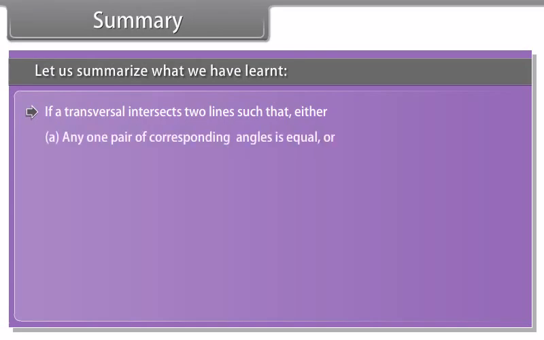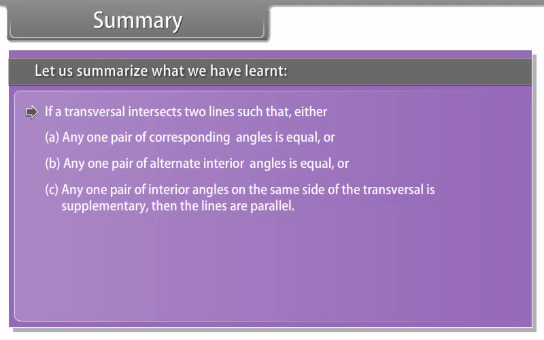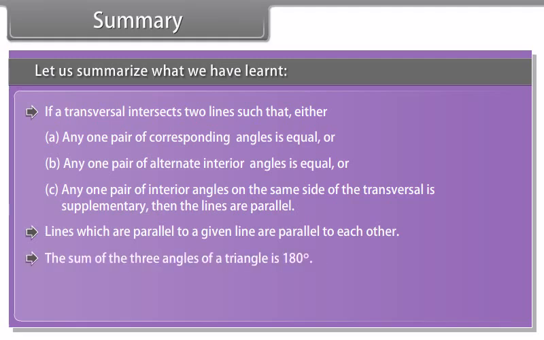Therefore, X is equal to 50 degree. Also, Y is equal to angle SPR plus X because we know that if a side of a triangle is produced, then the exterior angle so formed is equal to the sum of the two interior opposite angles. Therefore, Y is equal to 30 degree plus 50 degree, which is 80 degree.